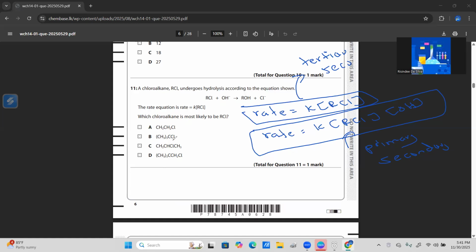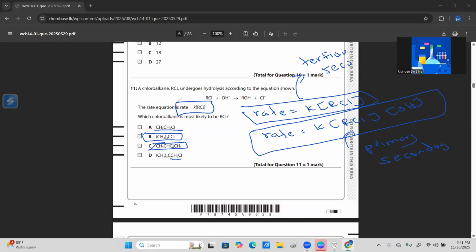So this is a primary halogenoalkane. B is the only tertiary one. C is a secondary one. D is also a primary one. Therefore, the correct answer is B, as it is tertiary. Even though they have given a secondary one, remember that secondary one can take both mechanisms.